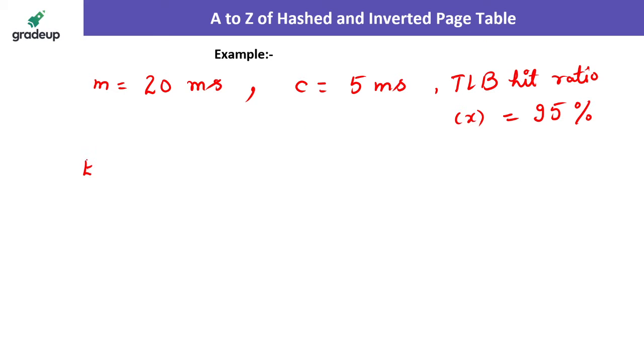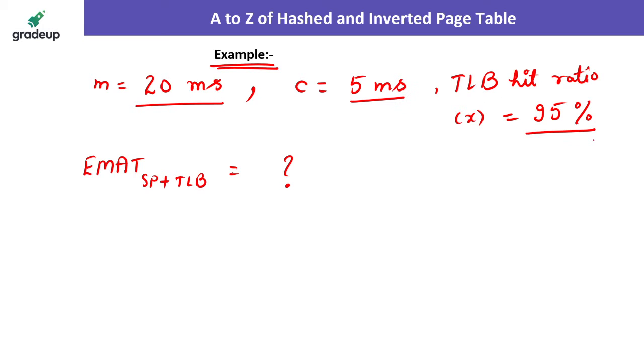Then what is the effective memory access time with simple paging plus TLB? Can you solve this example? So main memory access time, TLB access time, and hit ratio, these things are given to us, and then try to tell me the answer.